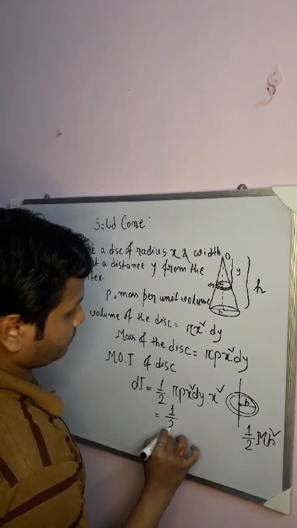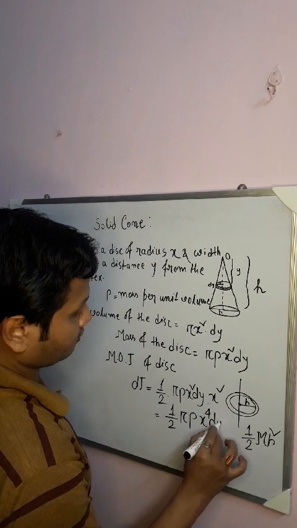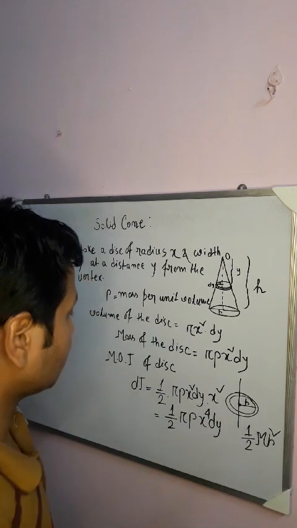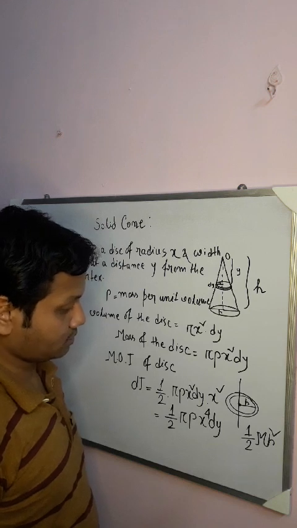So dI is half pi rho x to the power 4 dy.